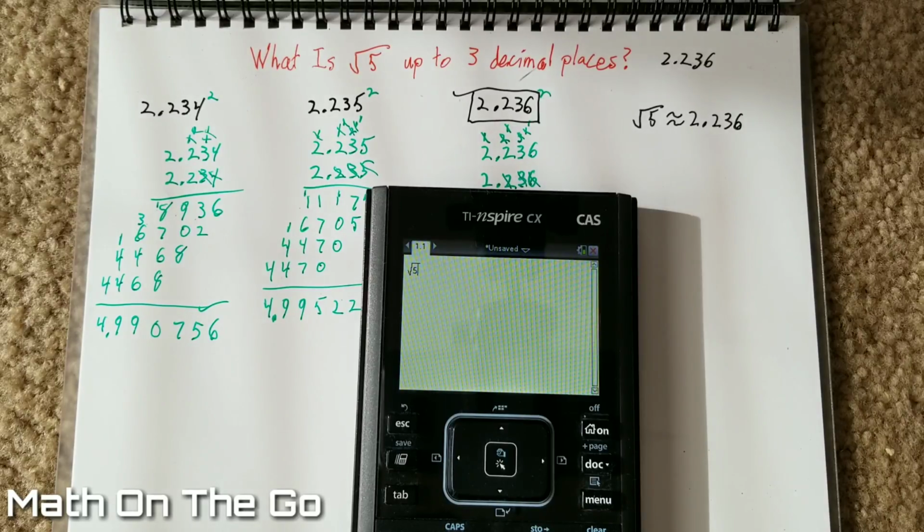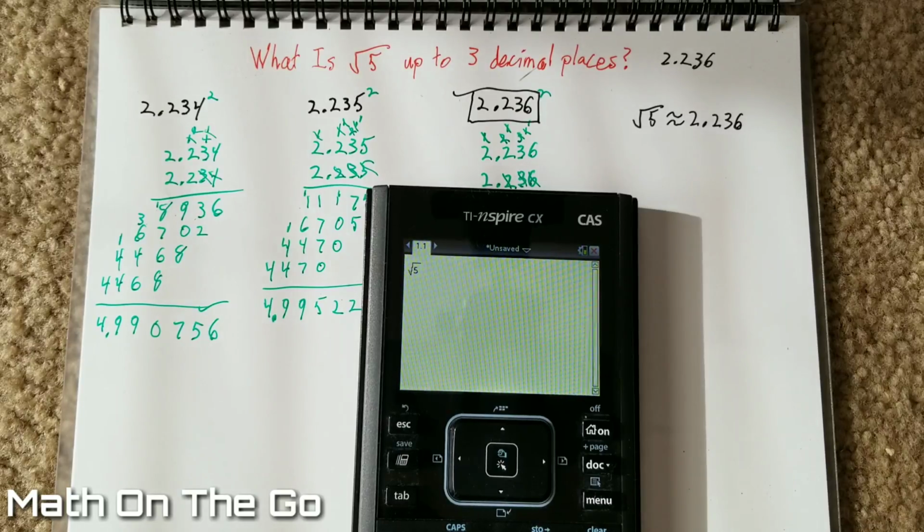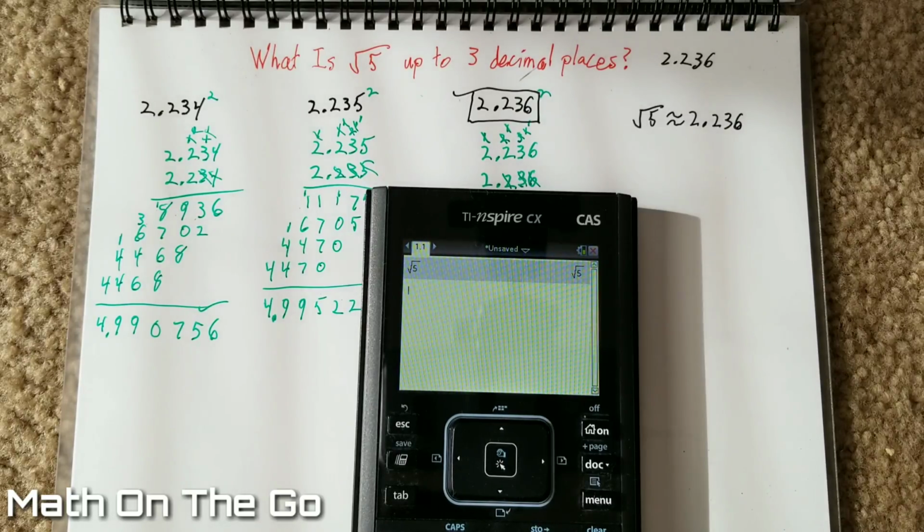How fast can this calculator calculate it? Okay, let's try again. Let's see how fast this calculator can approximate it. Okay. All right. Took almost as much time as it took us.